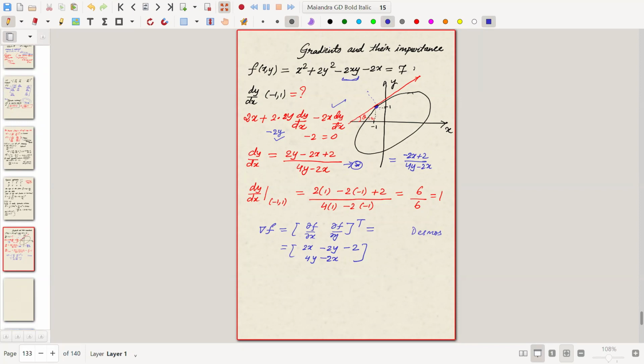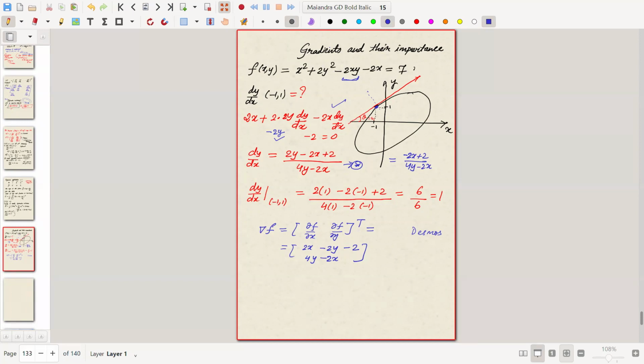If the slope is positive, it makes an acute angle with the x-axis. Why is that? Because slope is tan theta, where theta is the angle made with the x-axis, and tan theta is positive for acute angles. So tan theta equals 1 means theta equals 45 degrees. That means you will make a 45-degree line with the x-axis.